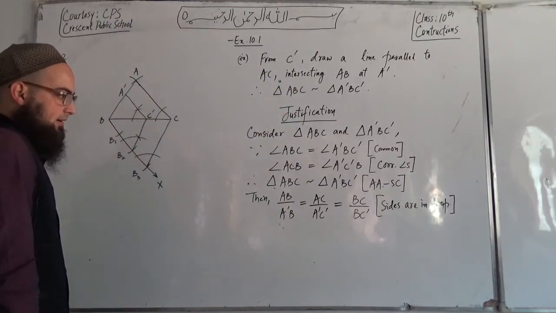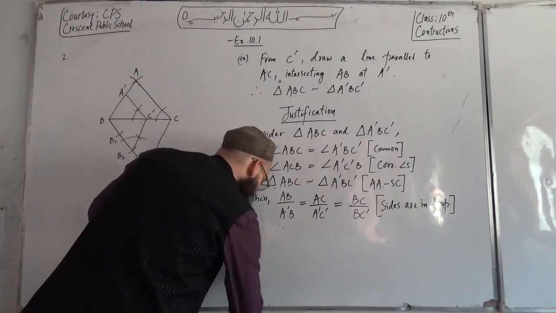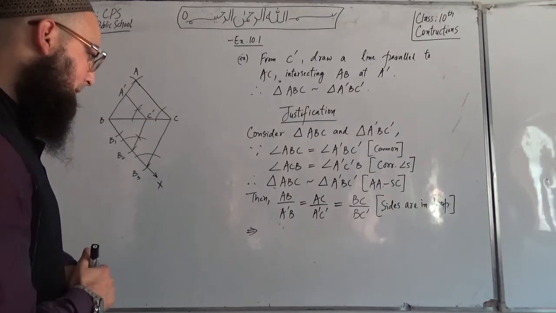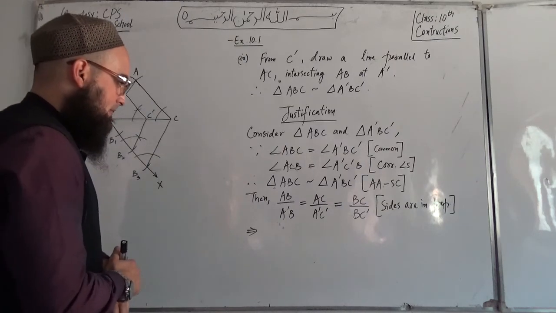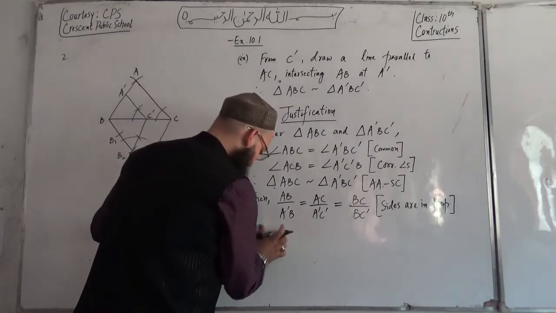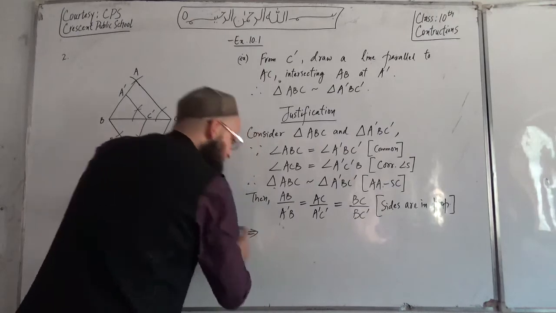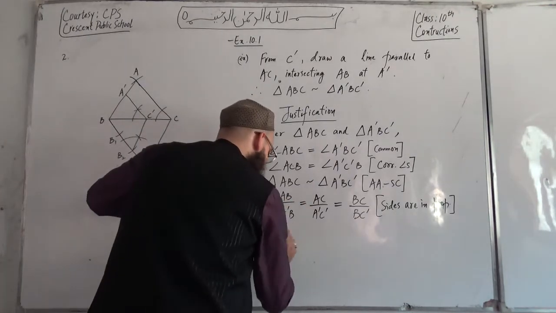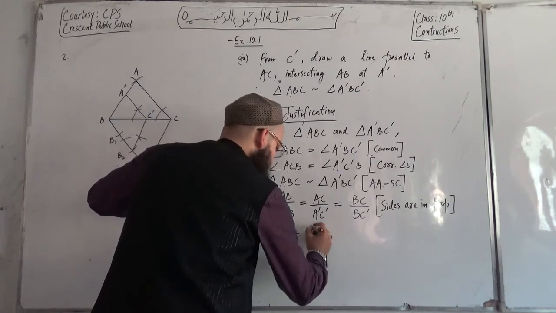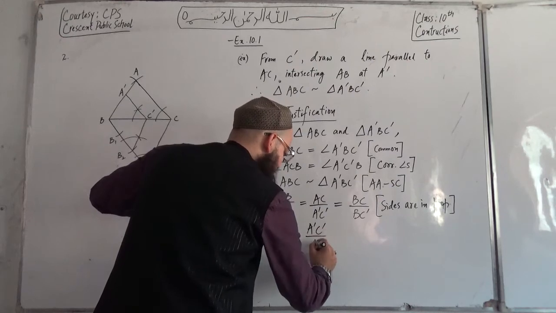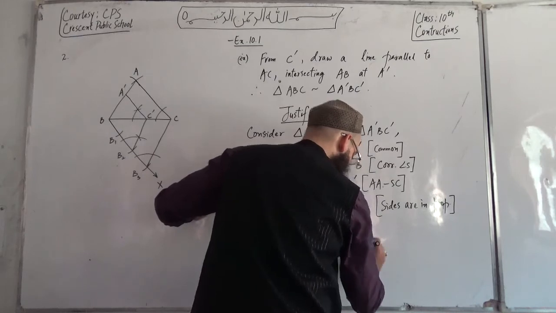Now after that, which implies that, or just do one thing, or do here invertendo. Now taking reciprocals throughout, what you will get, A dash B by AB is equal to A dash C dash by AC is equal to BC dash by BC.